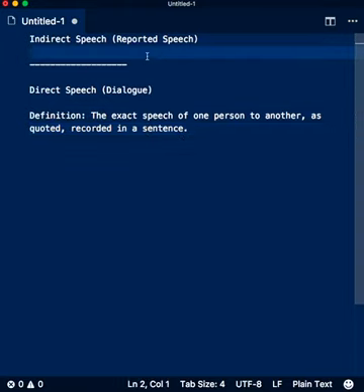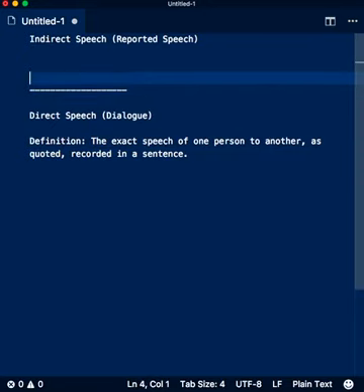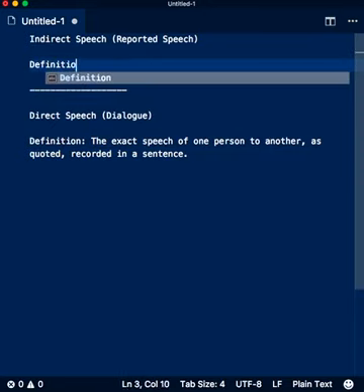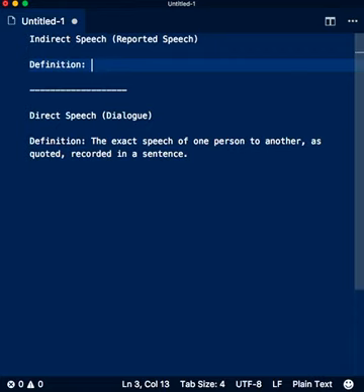Okay? Now if we go to indirect speech and give a definition for that, let's fill this one in as well. So in this, remember, the reporter was just summarizing what the scientists had said.